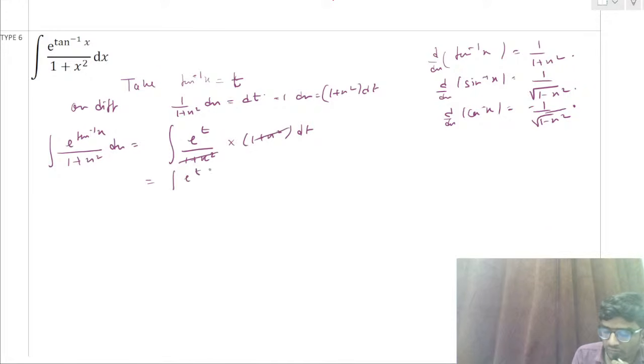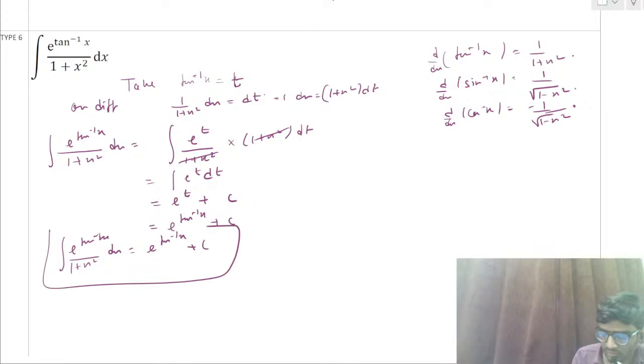We are left with e raised to power t dt, which becomes e raised to power t plus c. Here we have taken t as tan inverse x, so it becomes e raised to power tan inverse x plus c.